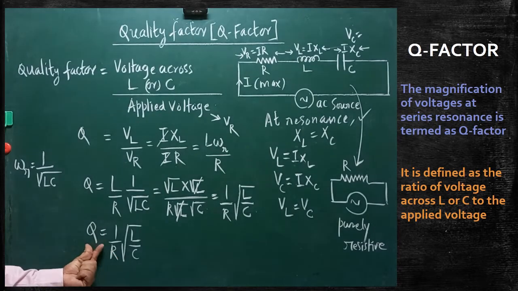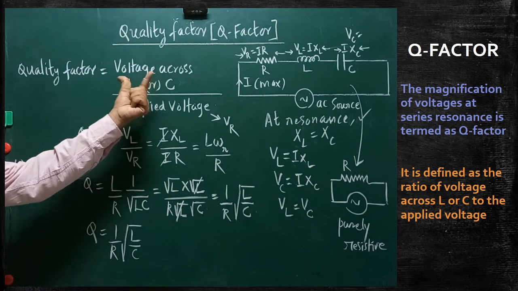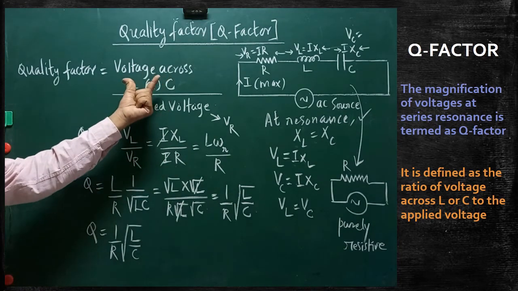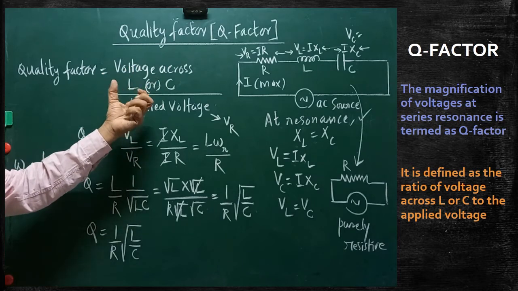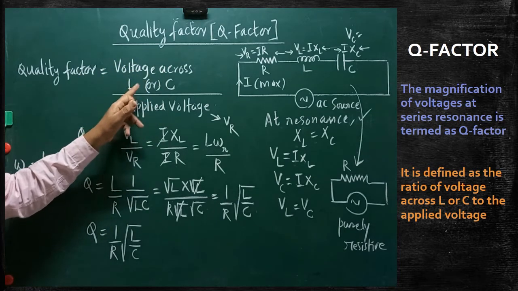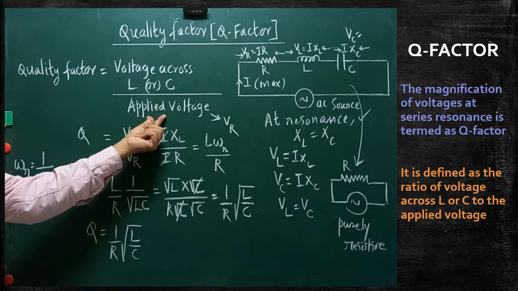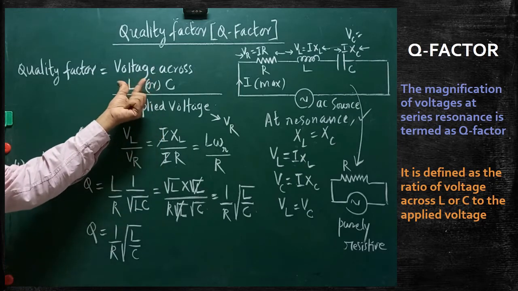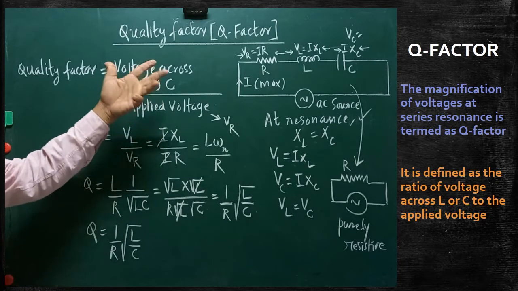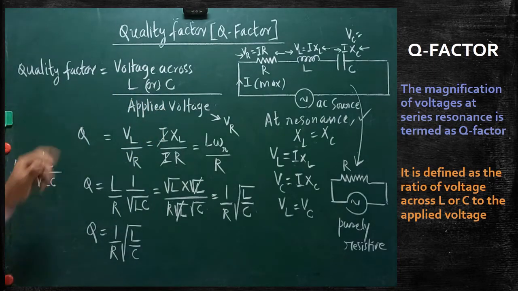By using this Q value, we are able to calculate the magnification that occurs in the circuit, magnification in the voltages. How many times the voltage across L or C is increased when compared to applied voltage, that can be calculated with the help of the factor.